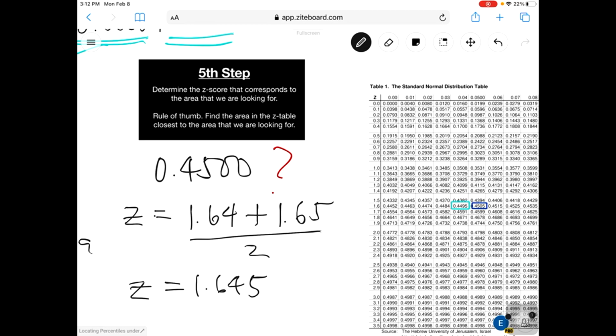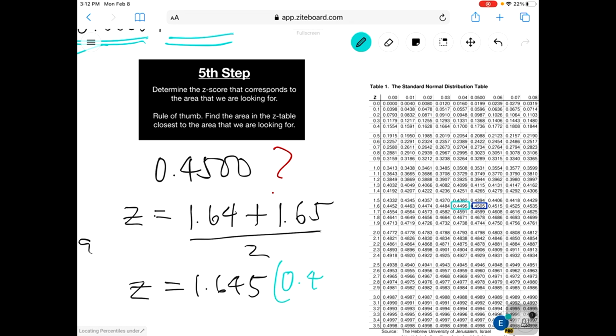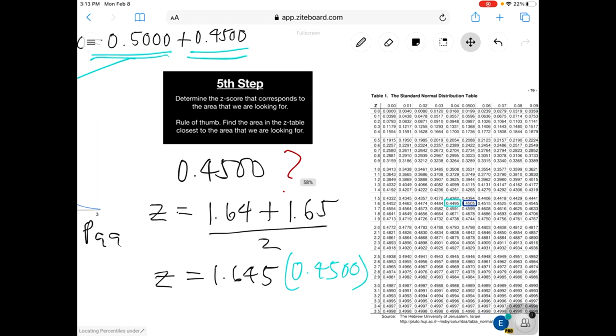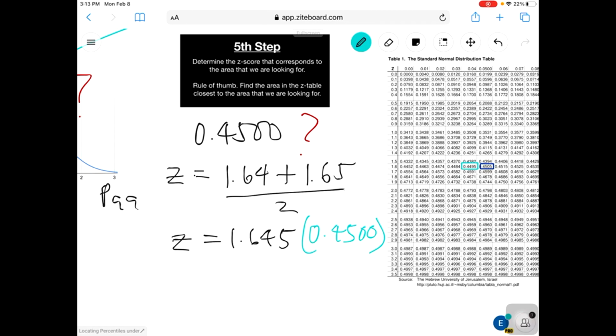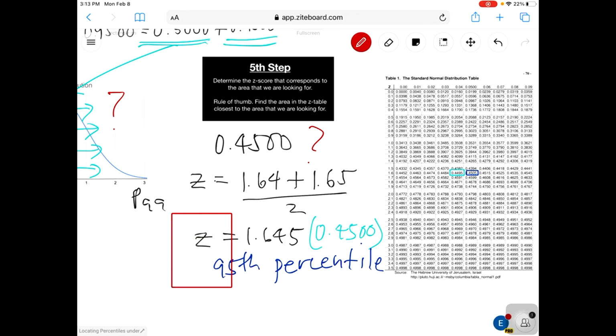This is the z-score that represents 0.4500, or what we call our 95th percentile. That's our final answer: z is equal to 1.645. Thank you.